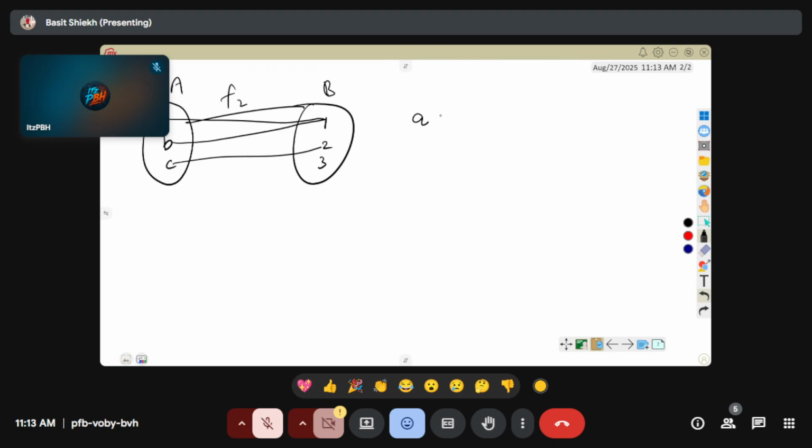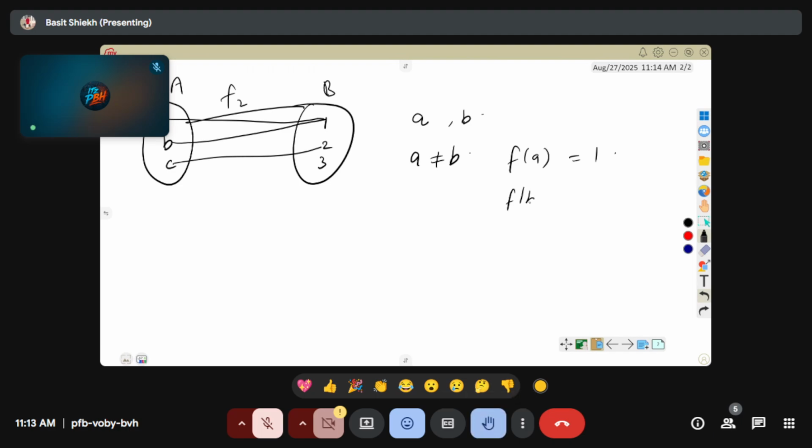Take a, b where a is not equal to b. Clearly a is not equal to b. Now check what is f of a. f of a is equal to 1.